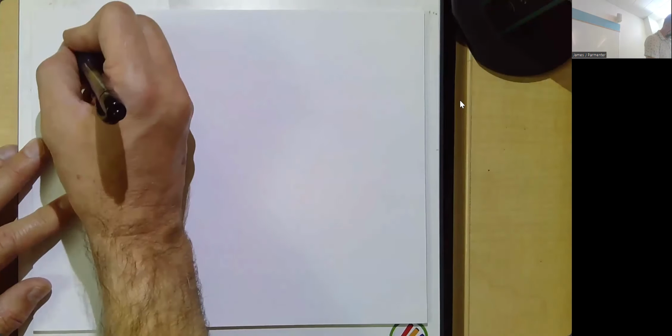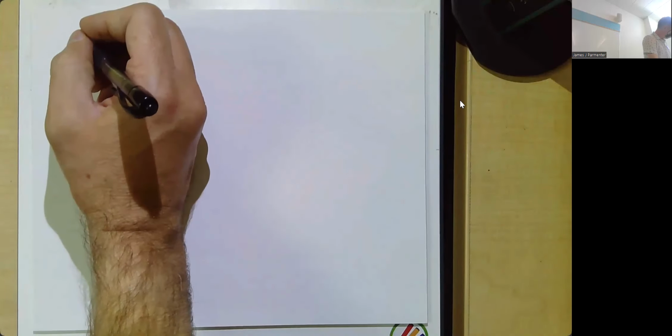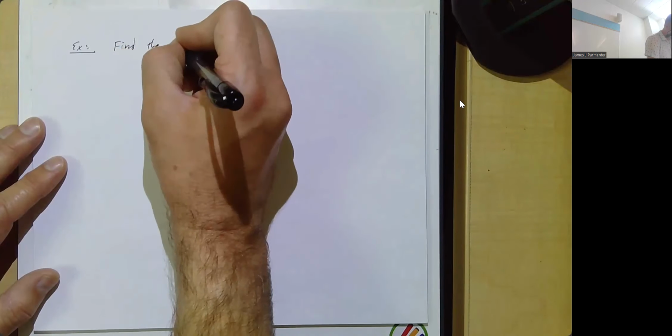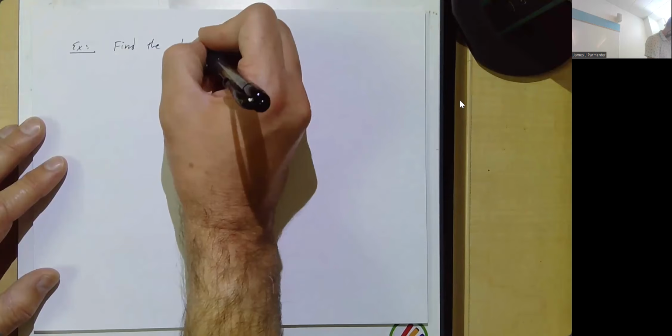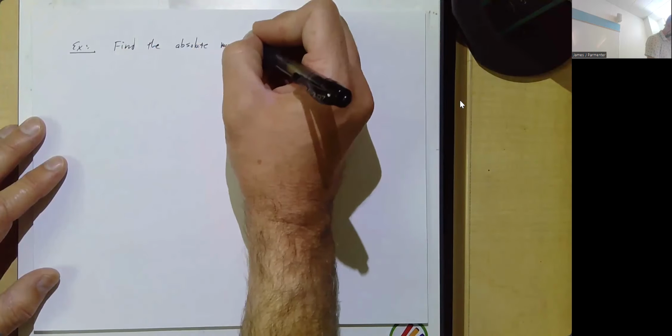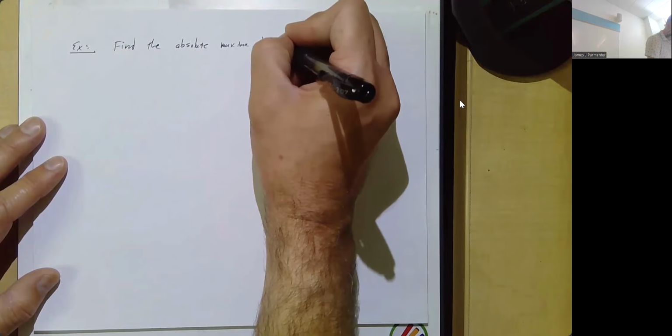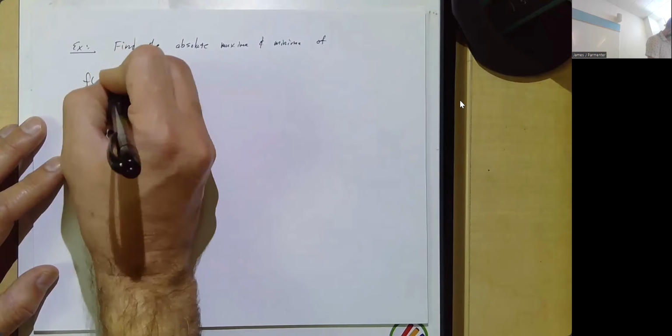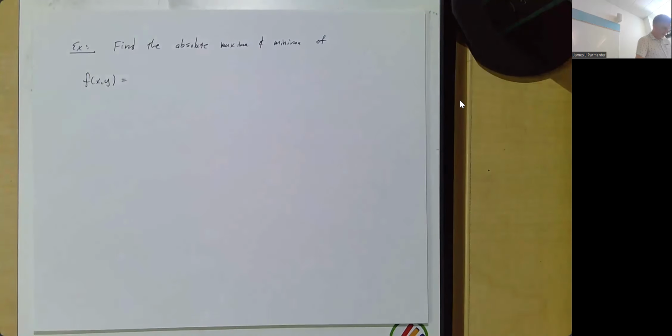And I don't think we're going to get to Lagrange today, so we'll have to talk about Lagrange on Tuesday. So, again, find the absolute maxima and minima of f of x, y equal to, you know what? This example I do not love. Let me grab something else just because this one just is not that interesting.